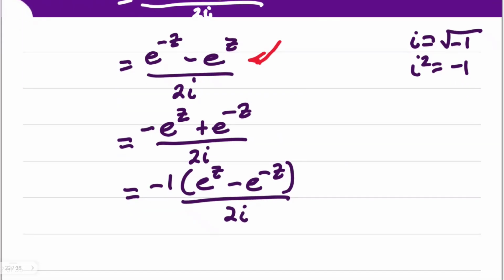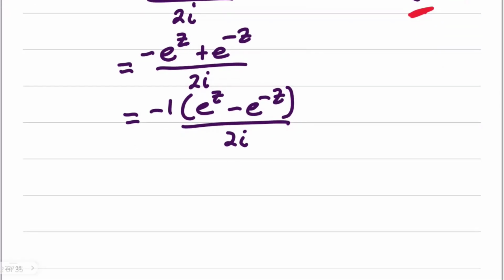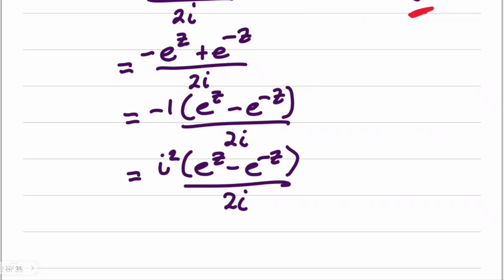Now what is negative 1? This negative 1, as mentioned, is actually i squared. So we can change it to i squared times e to the power of z minus e to the power of negative z over 2i. We're doing that because we have another i here in the denominator.